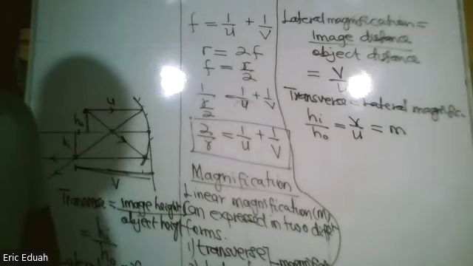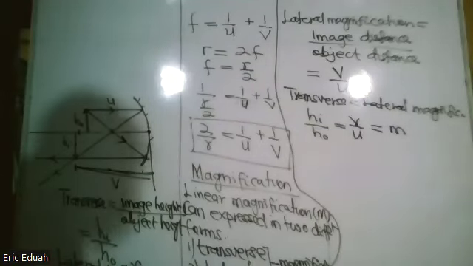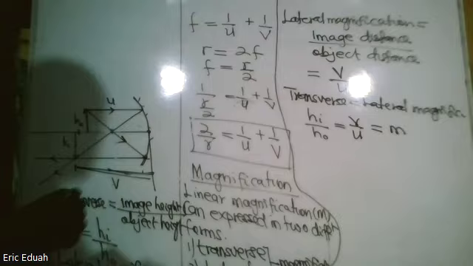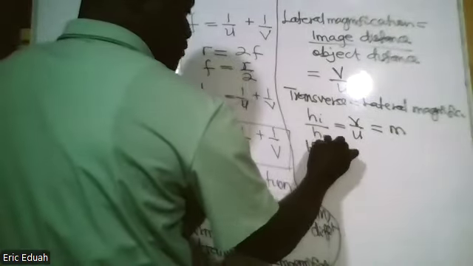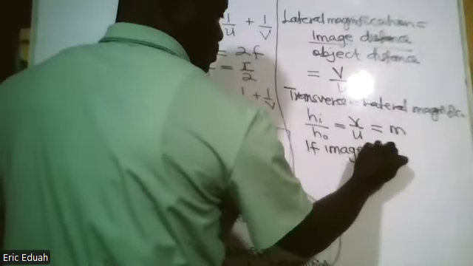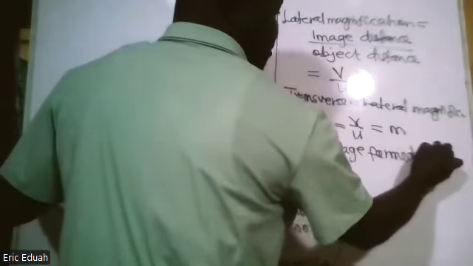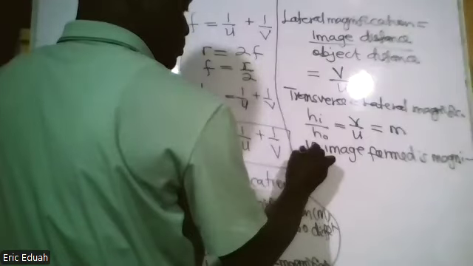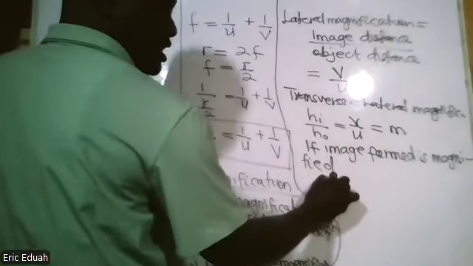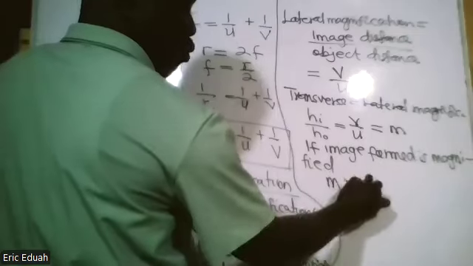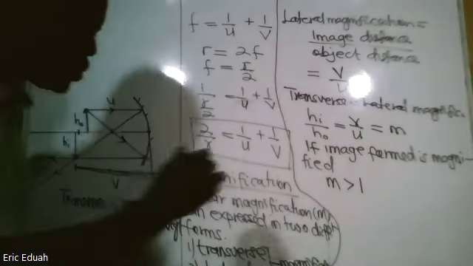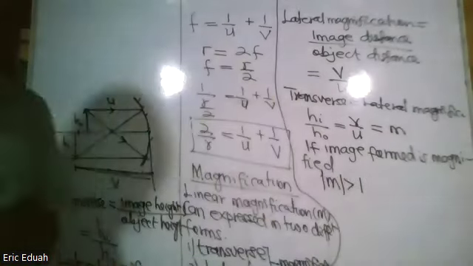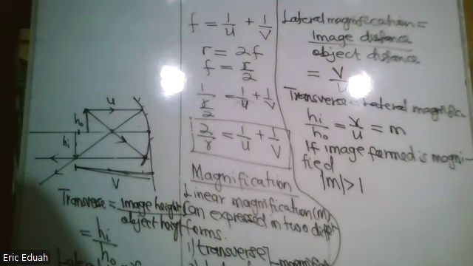And this is what we mean by magnification. When the image formed is magnified, then linear magnification M is greater than 1. So when the magnitude of linear magnification is greater than 1, it means the image formed is magnified.